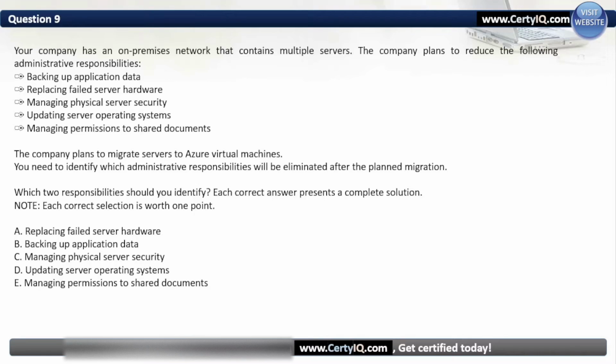The company plans to migrate servers to Azure virtual machines. You need to identify which administrative responsibilities will be eliminated after the planned migration. Which two responsibilities should you identify? Each correct answer presents a complete solution. Note, each correct selection is worth 1 point.